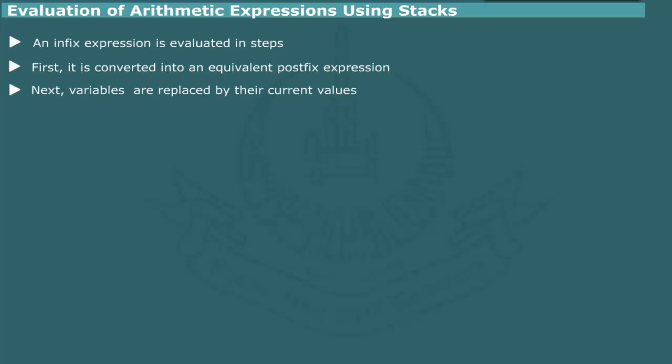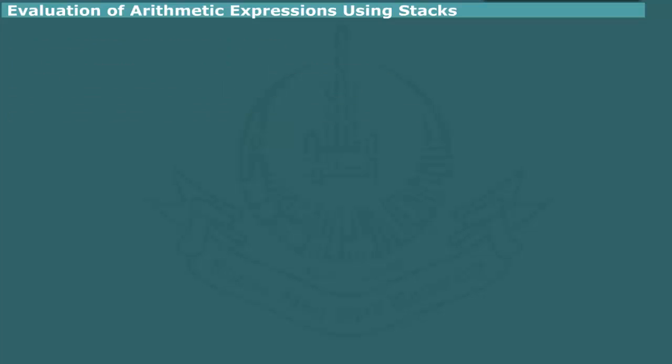Next, the variables in the postfix expressions are replaced by their current values. Finally, the postfix expressions with numerical operands is evaluated. The last evaluation is carried out using stack to save the intermediate results.